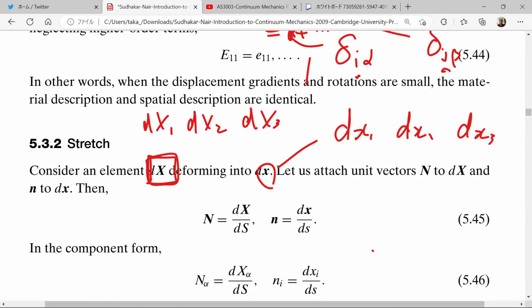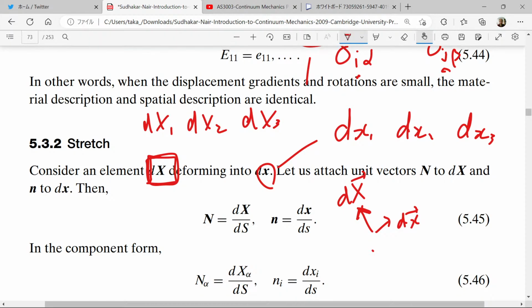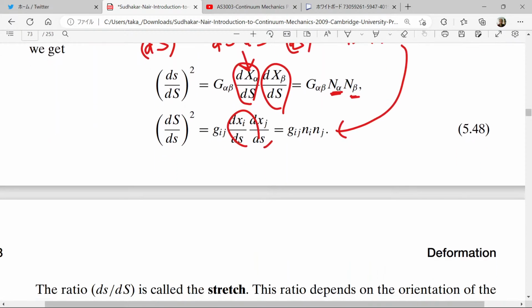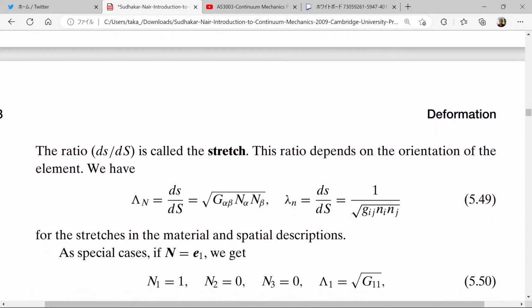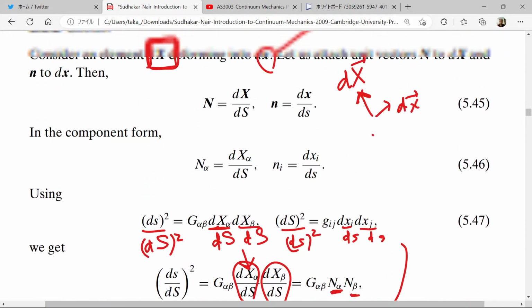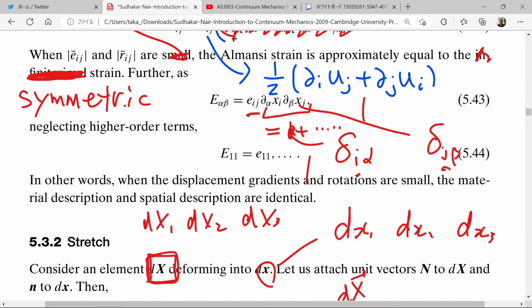So then this stretch, you have a stretch in two directions. So one, you have dx, then there is another small dx. So you need 6 components to define stretch. How come you just have one component? It's interesting. G alpha, beta.